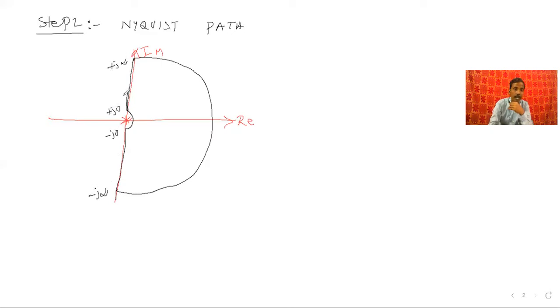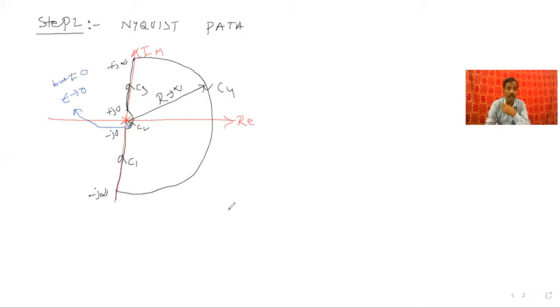Plus j infinity. This is C1, this is C2, and C3, C4. And the arc tends to infinity radius, and this radius epsilon, and epsilon tends to 0, but not equal to 0.